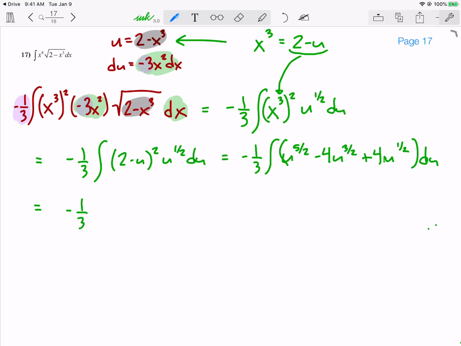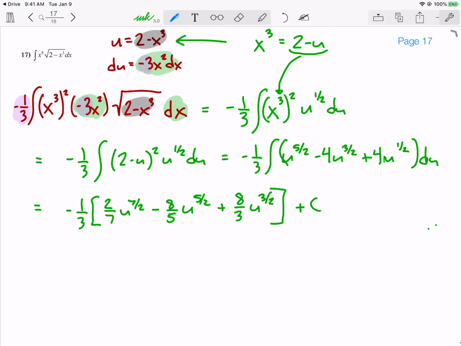I get negative 1/3 times 2/7 u to the 7/2 minus, multiply the 4 by 2/5, I get 8/5 u to the 5/2 plus 8/3 u to the 3/2, and then obviously plus c. I could distribute the negative 1/3 to the c, but it's just some other c then.